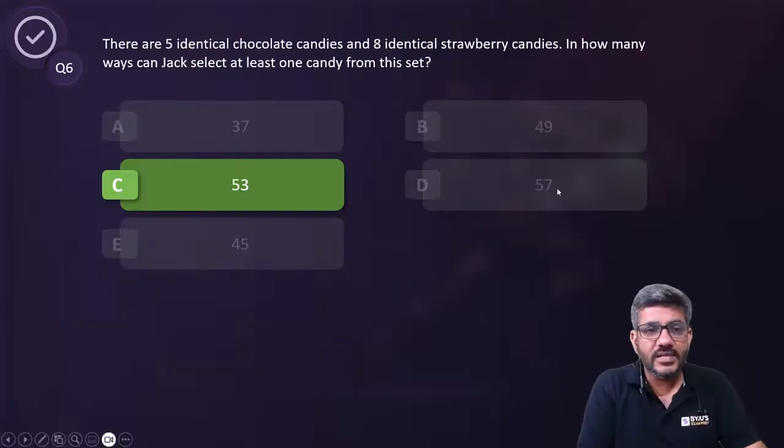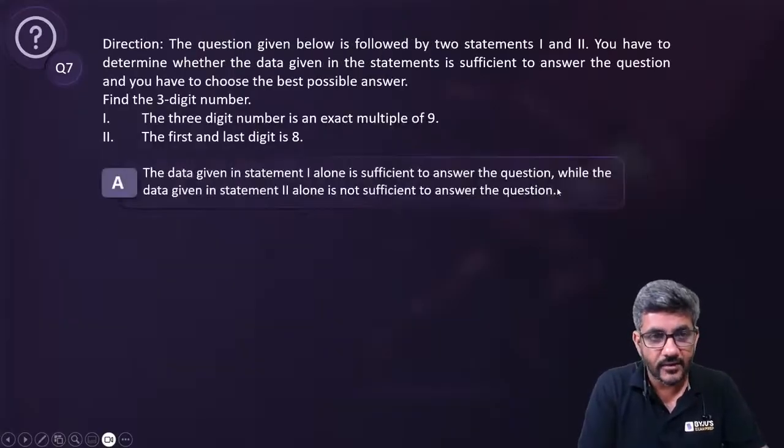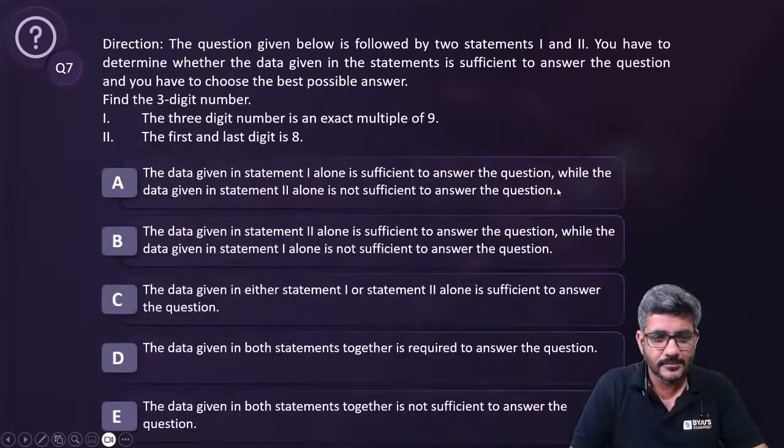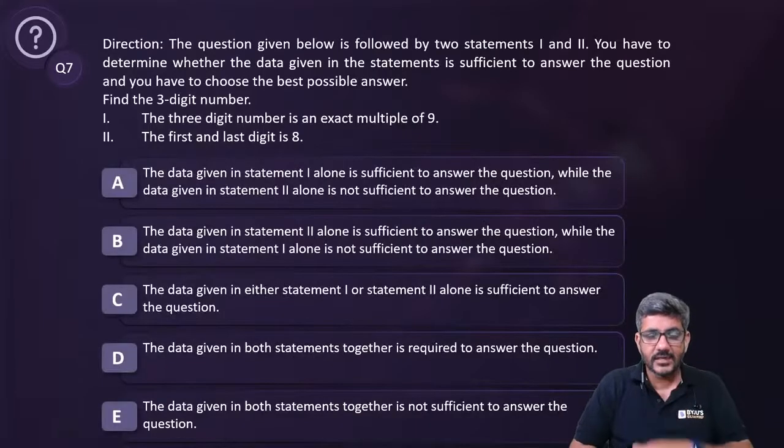Let's move ahead to question number 7 on your screen. It's here now. It's a large question.